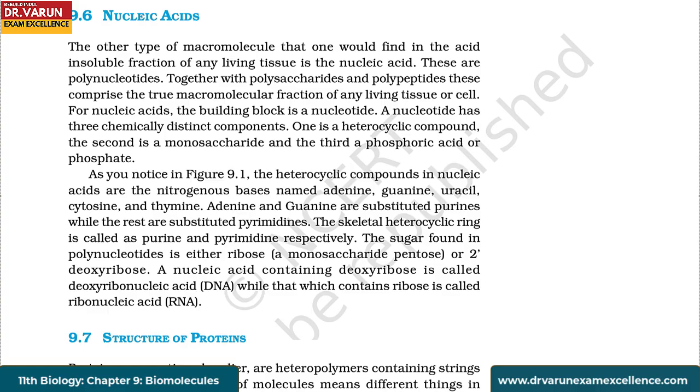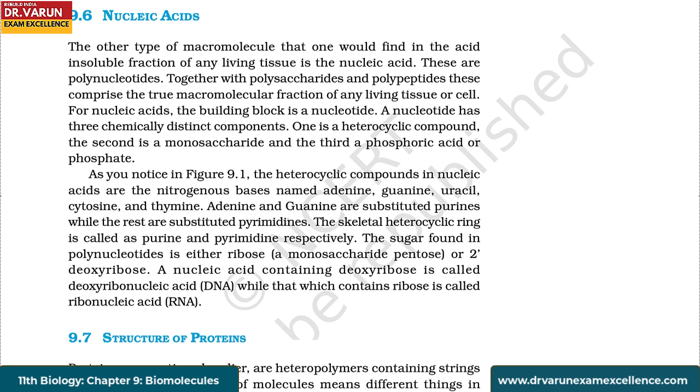As you notice in figure 9.1, the heterocyclic compounds in nucleic acids are the nitrogenous bases named adenine, guanine, uracil, cytosine, and thymine. Adenine and guanine are substituted purines, while the rest are substituted pyrimidines. The skeletal heterocyclic ring is called purine and pyrimidine respectively.